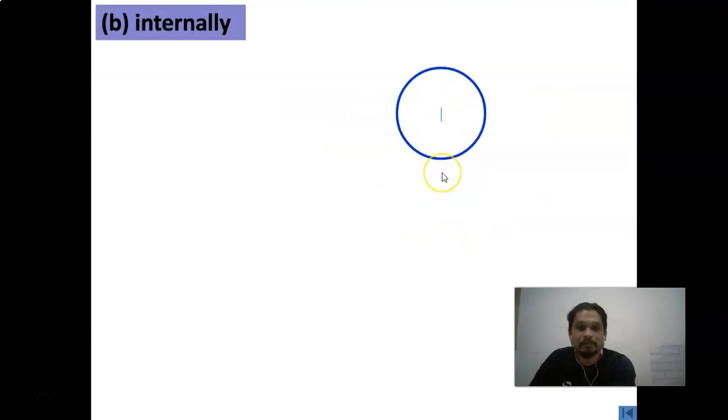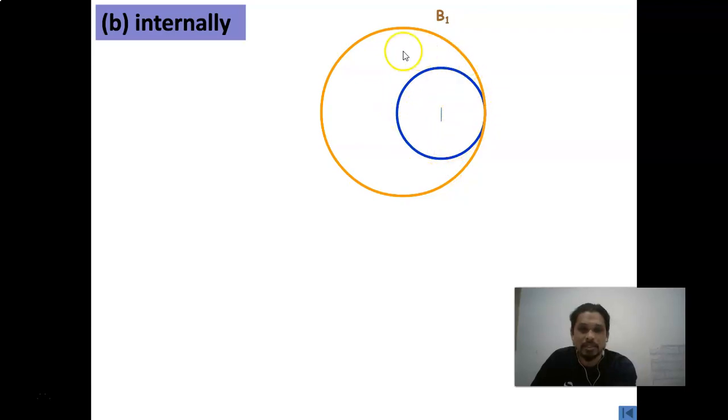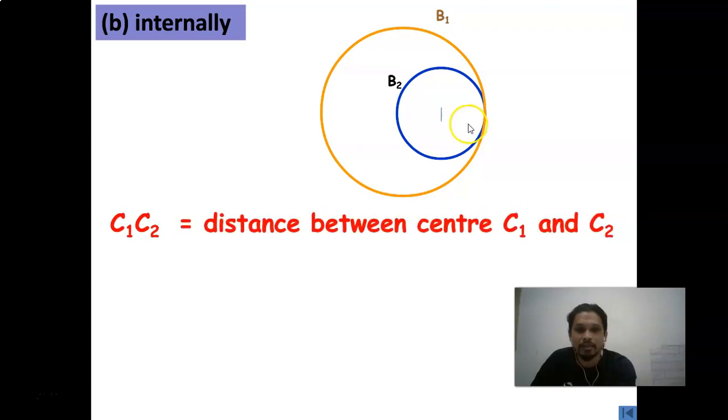Next, internally. The first circle, number 1, is smaller than circle number 2, and they touch internally, from inside here. So the distance between C1 and C2 is the modulus of R1 minus R2.